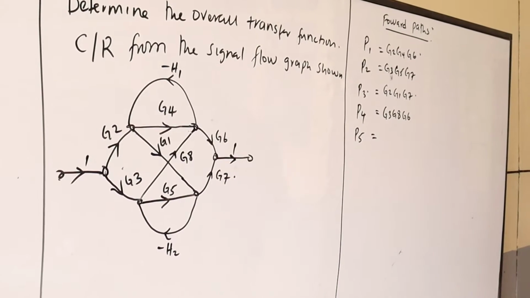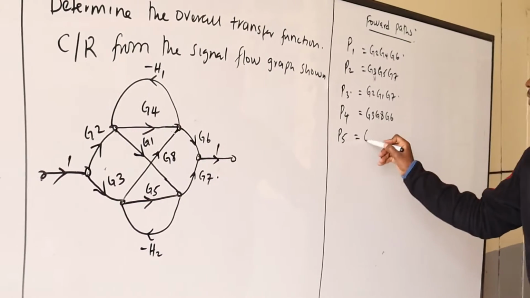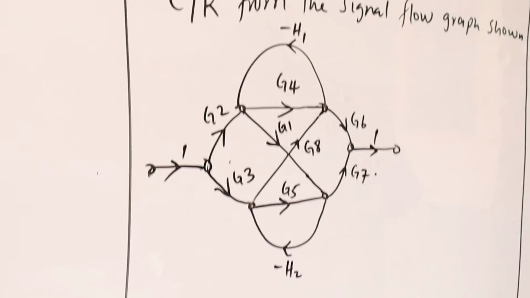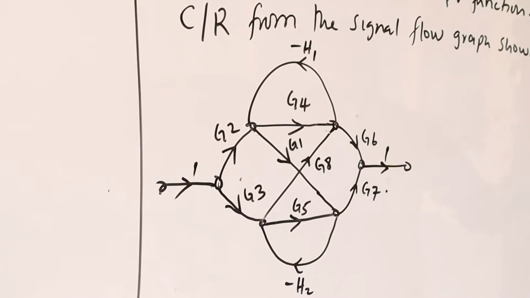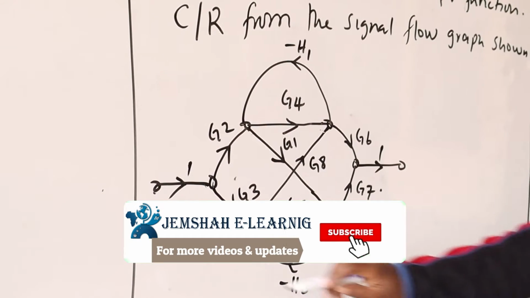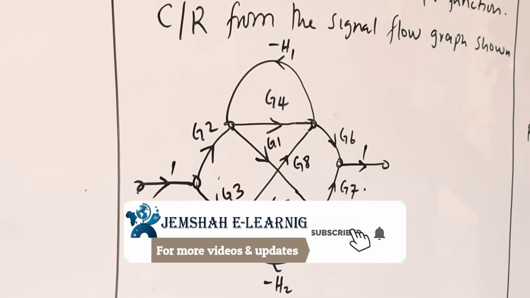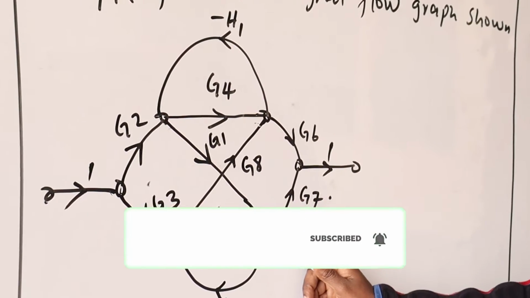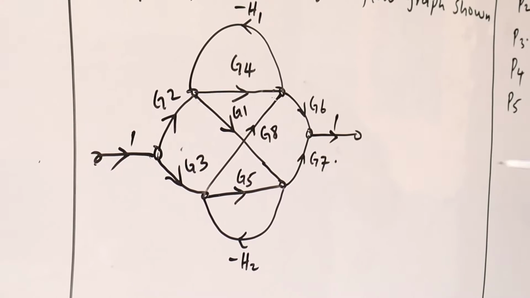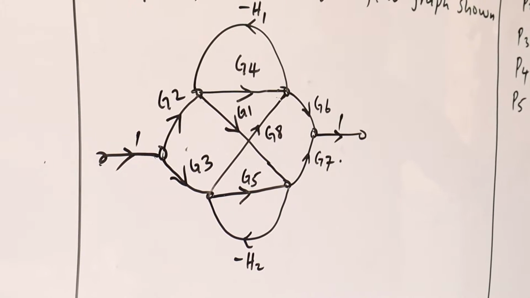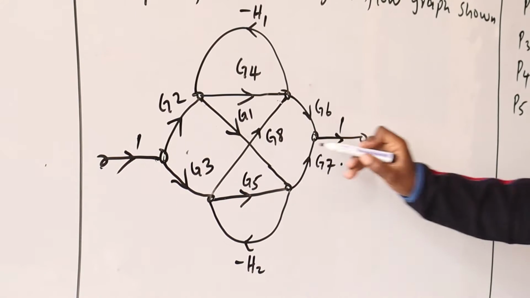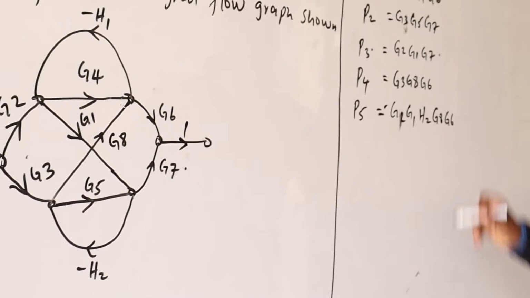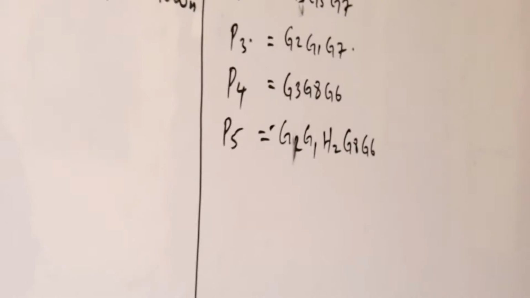So that one can also be a path: G2, G1, minus H2, G8, and finally G6.